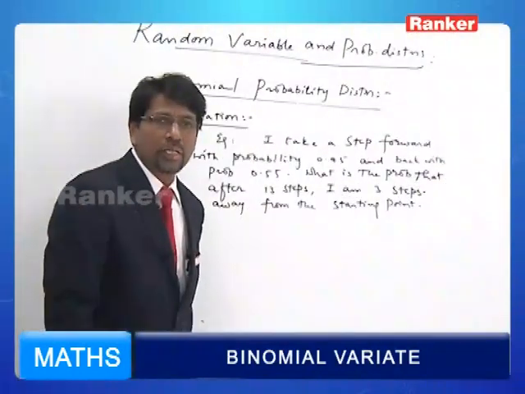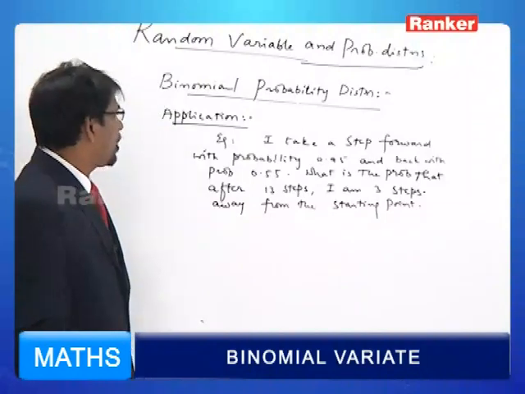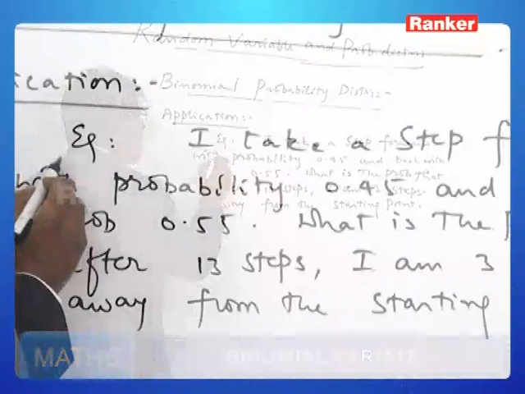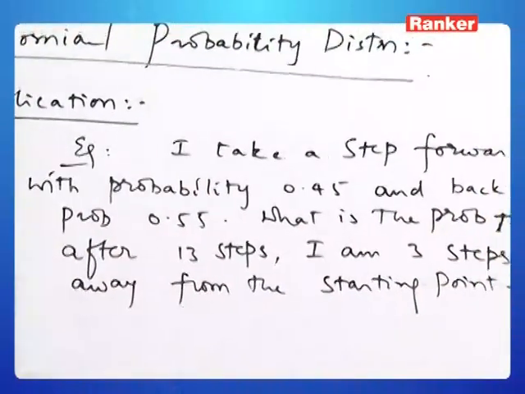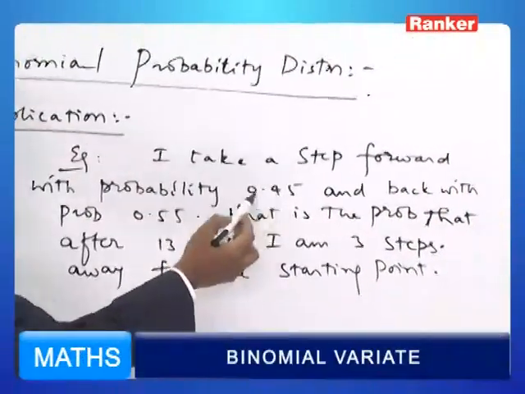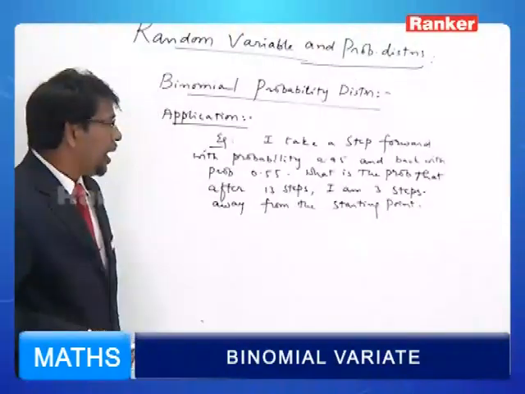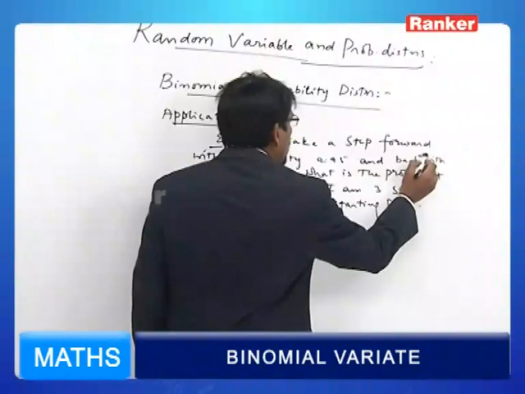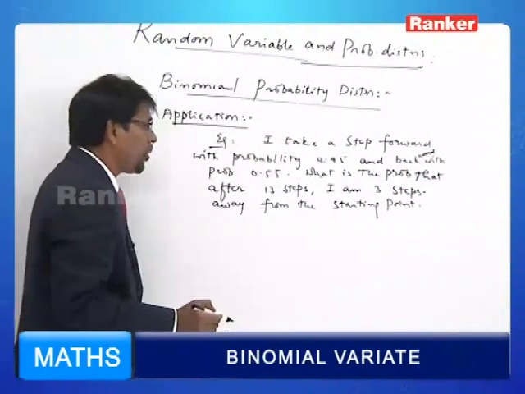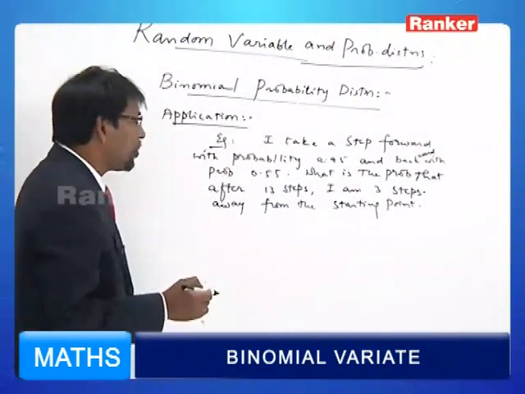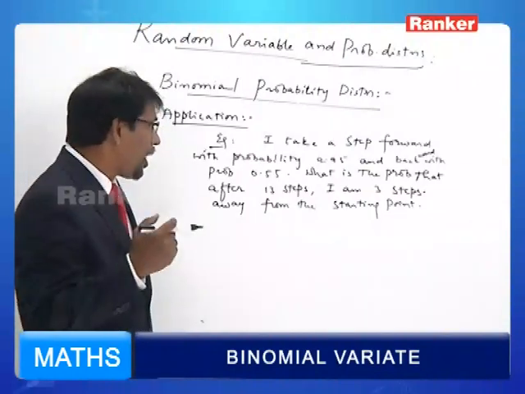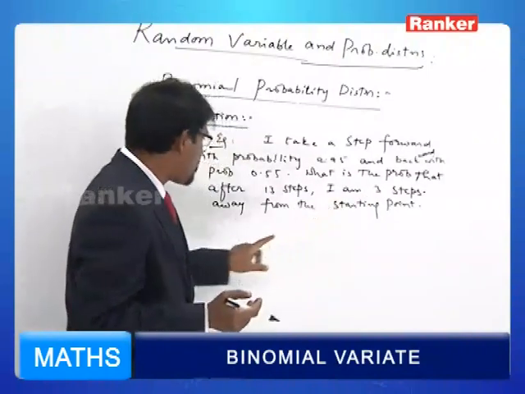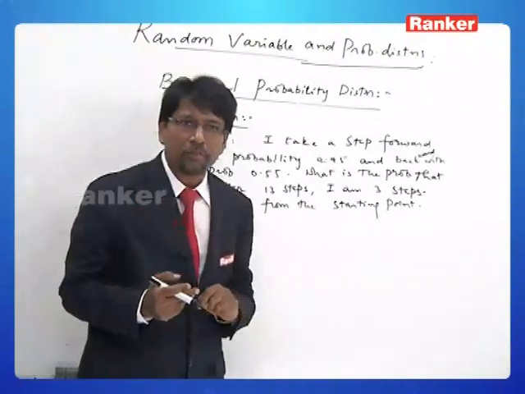Let us consider an example problem wherein we can use a binomial probability distribution. Look at this problem. I take a step forward with a probability 0.45 and backward with a probability 0.55. What is the probability that after 13 steps I am 3 steps away from the starting point?